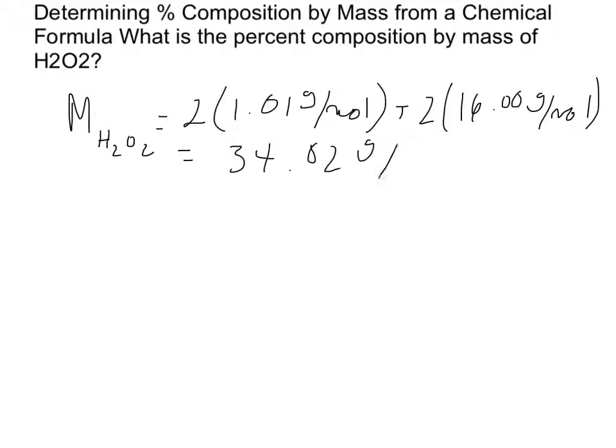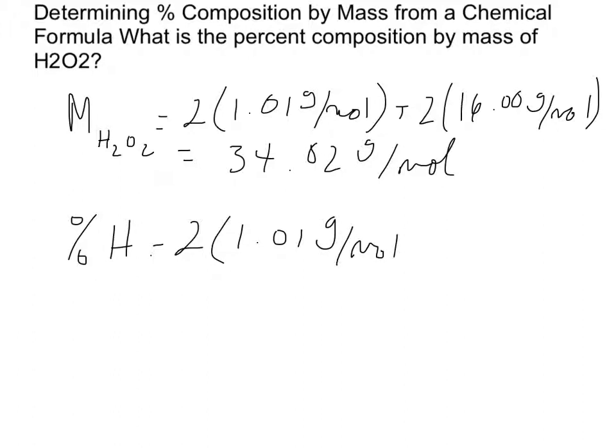Now what I do is I compare for each of the elements within the compound. So I look at the percent hydrogen. There are 2 atoms of hydrogen in the compound times the molar mass of hydrogen, which is 1.01 grams per mole, divided by the overall molar mass of the compound, which is 34.02 grams per mole.